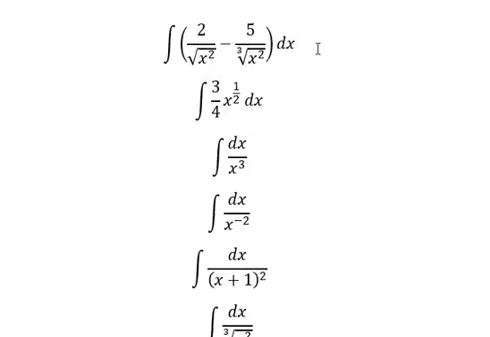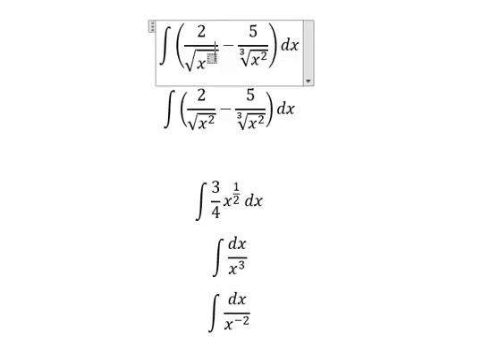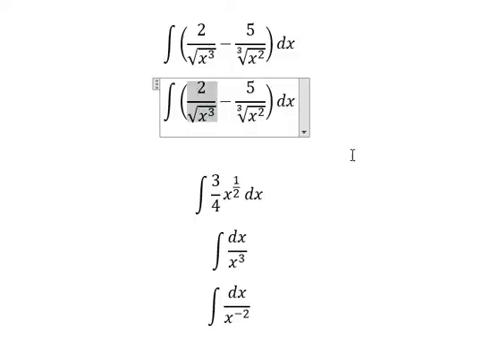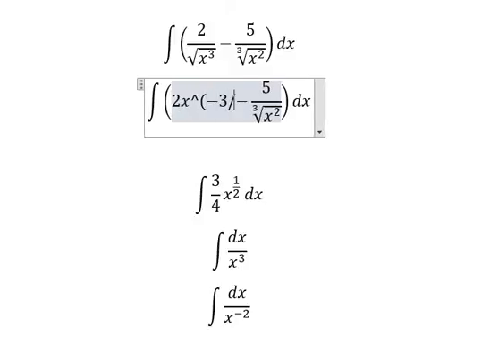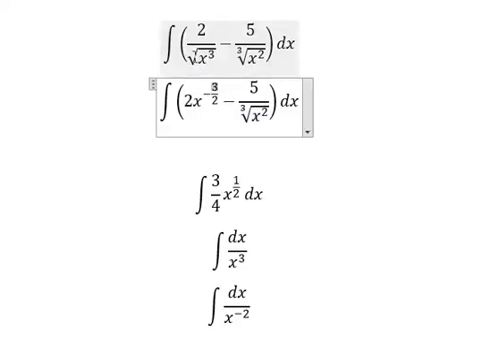Now let's go to the next one. The square root of s squared, this is about number 3. So we can put this into 2 with s to the power of negative 3 over 2, because the square root is 1 over 2, and 3 multiplied by 1 over 2 gives 3 over 2. But if we put this one on the numerator, we need a negative sign, similar to this one.